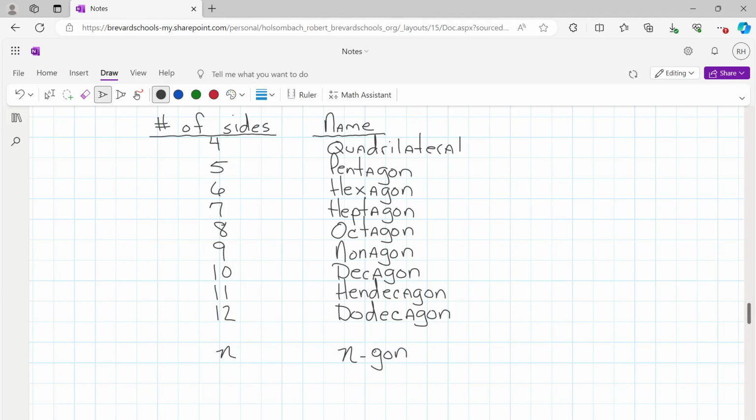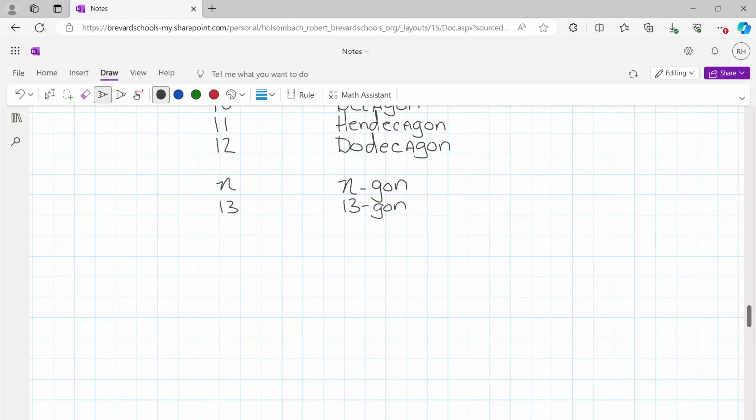What I mean by that is if a shape has 13 sides, we call it a 13-gon. And if a shape has 19 sides, what do you think we call that? A 19-gon. You get the idea, right? If the shape's got 37 sides, it's a 37-gon. Okay?